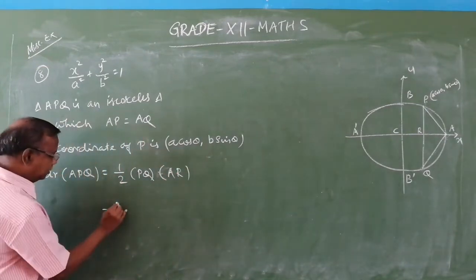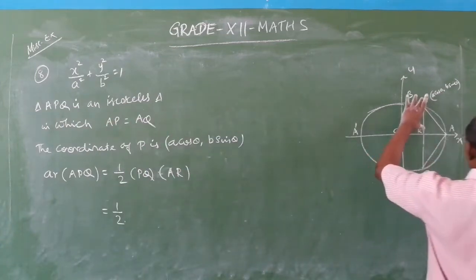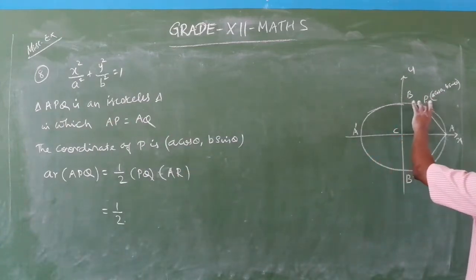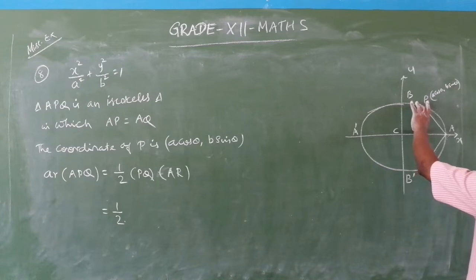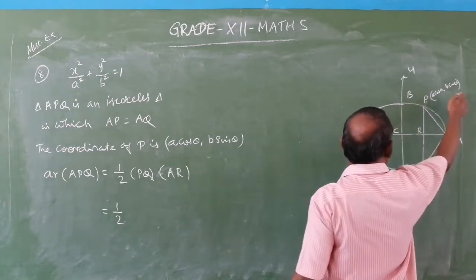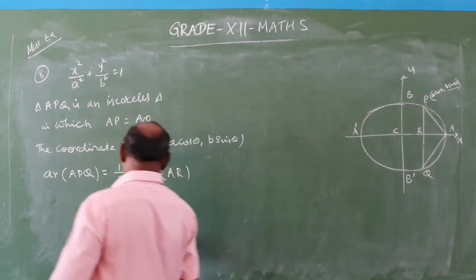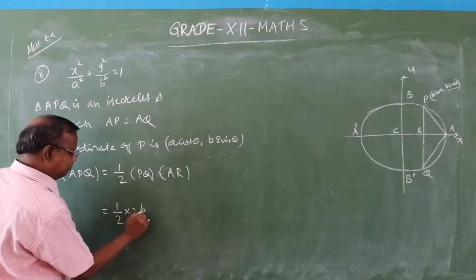That is half into PQ, which is twice the distance PR. So PR equal to B sin theta, therefore PQ equal to 2 into B sin theta.